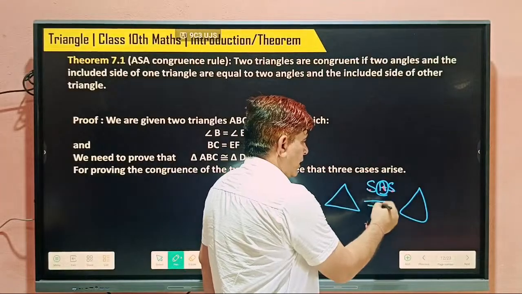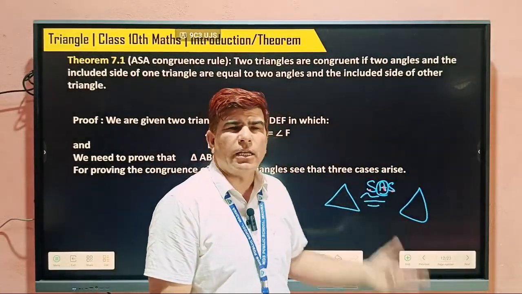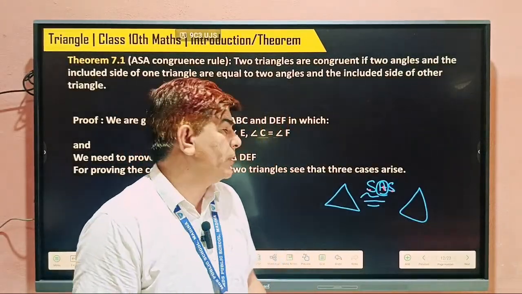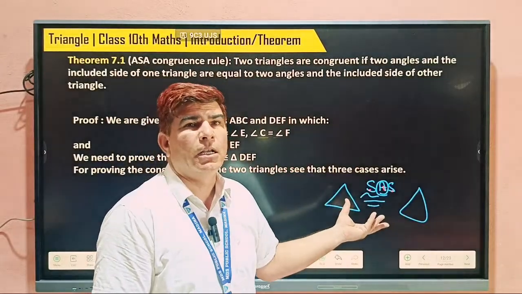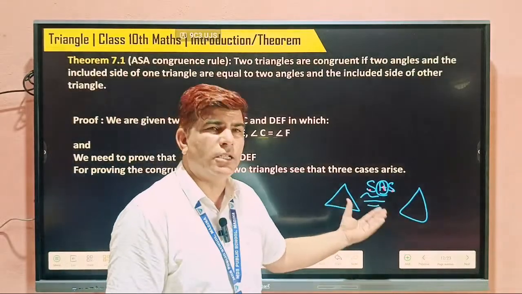This is called SAS. The A written in between means the included angle. Then these two triangles are congruent. But to prove congruence we need 6 elements; it means the remaining 3 elements automatically become equal. Understood? So this is our assumption.